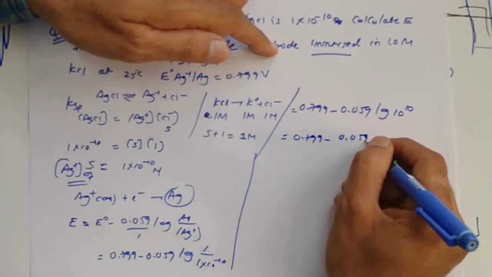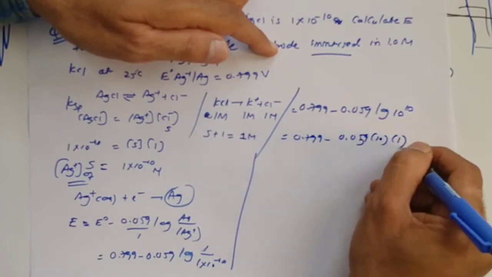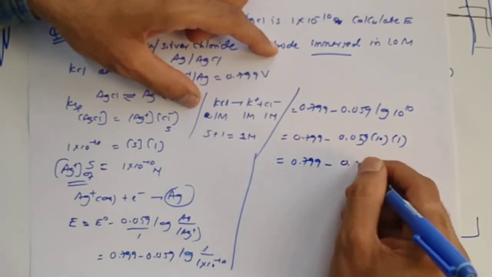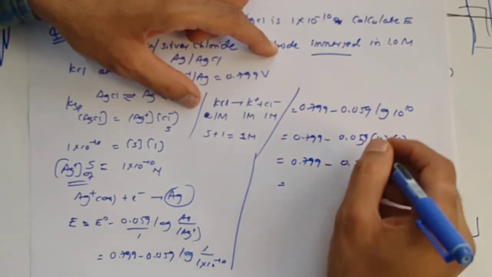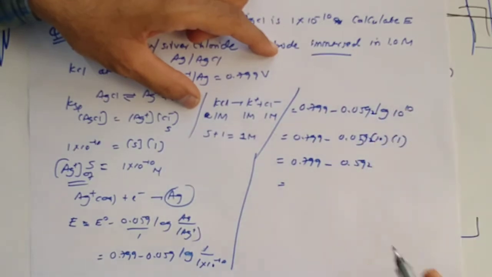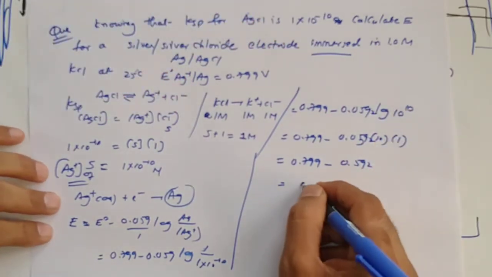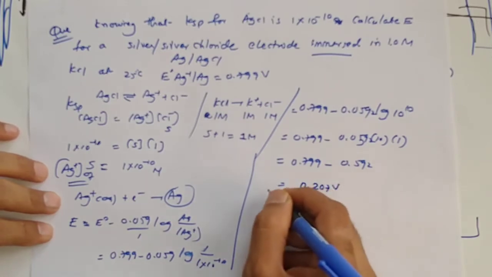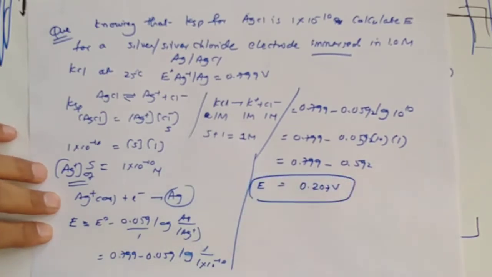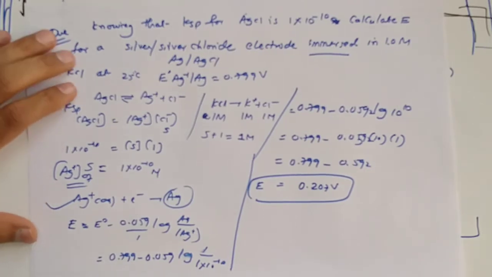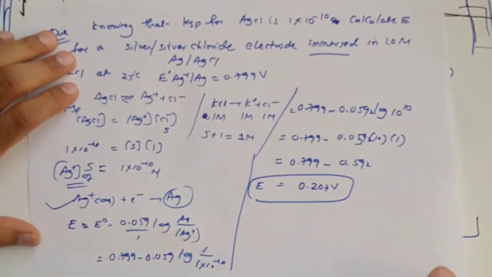So rest comes in multiplication. Log 10 is 1. So 0.799 minus 0.592, so the answer is 0.207 volt of this electrode, Ag/Ag plus.